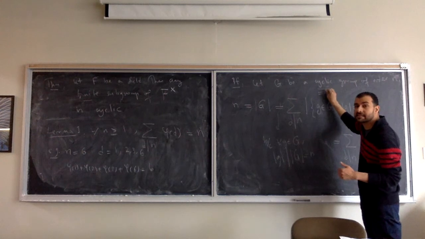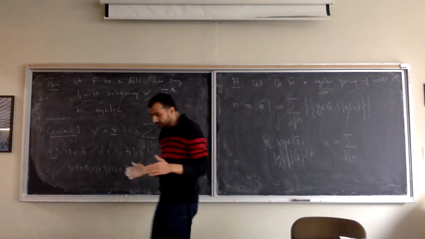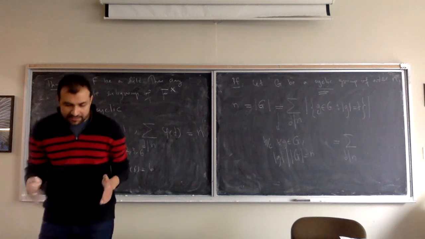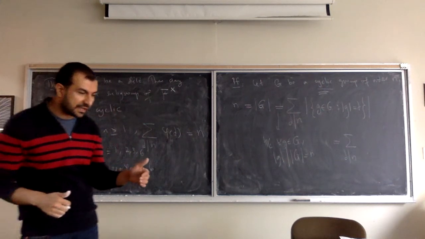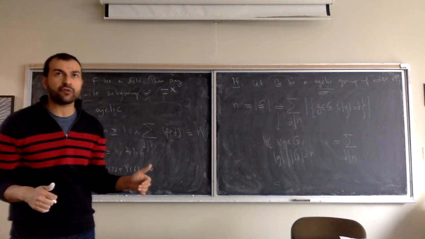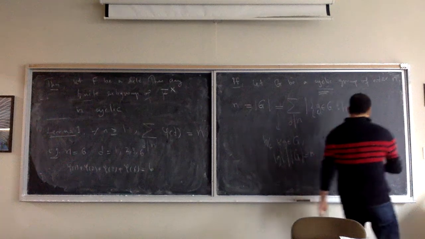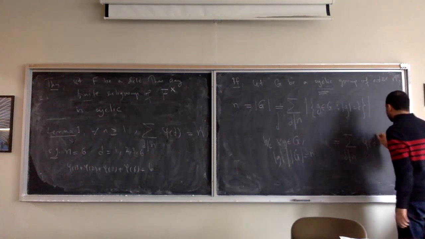Now, G is cyclic, right? Cyclic of order n. So for any divisor d of n, how many elements of order d does my group have? Phi of d elements, by the results about cyclic groups.